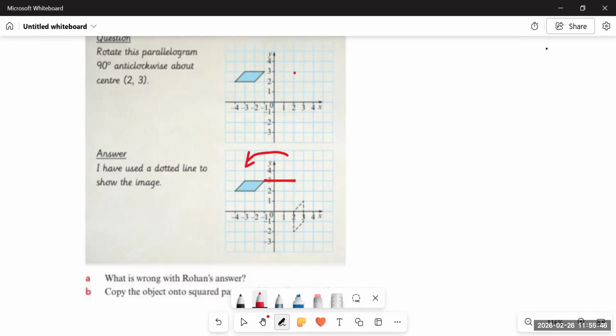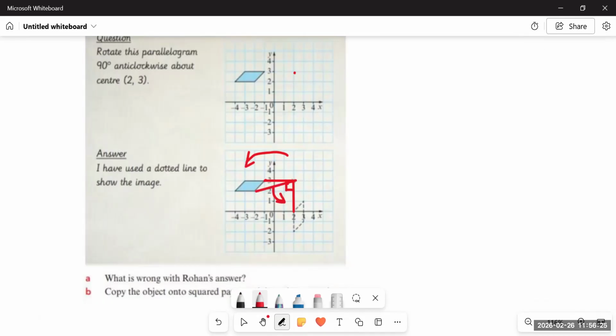So if we go in this direction from the center 2, comma 3, it's supposed to be starting from here. This is 90-degree anti-clockwise, right? See, the direction is moving in this direction.